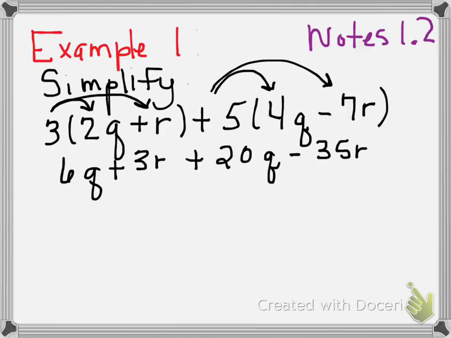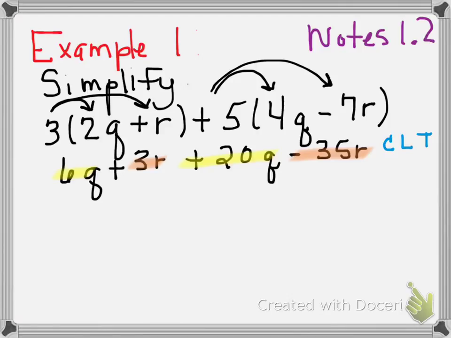Here is where I want to combine like terms. So I'm going to put things that are alike together. So I'm going to put the 6q with the plus 20q, and I'm going to put the 3q with a negative 35q.